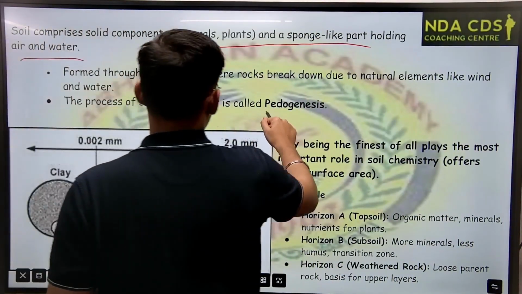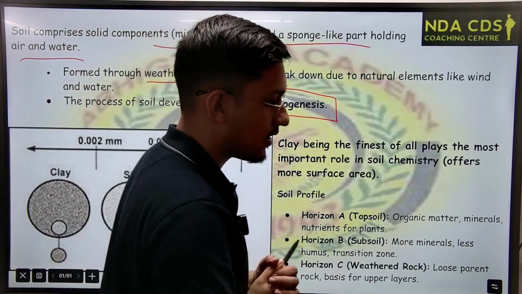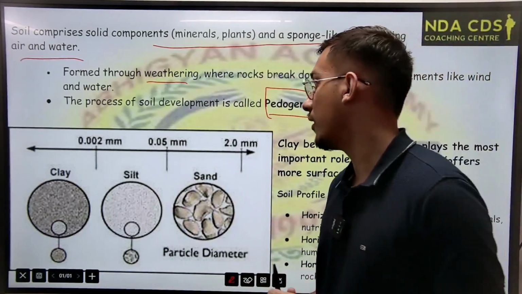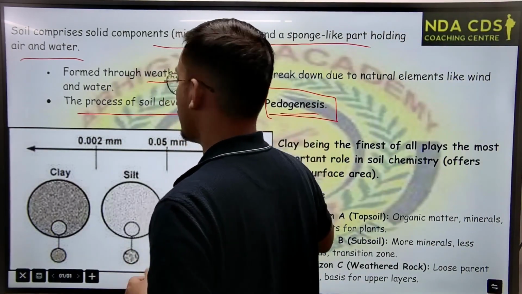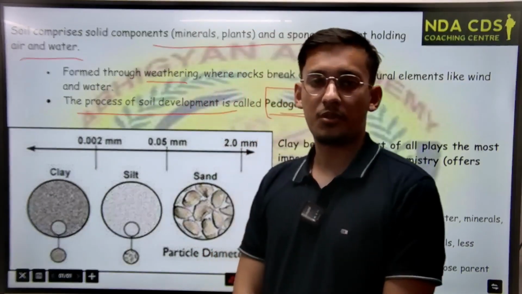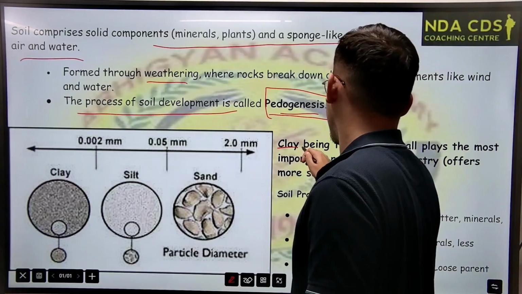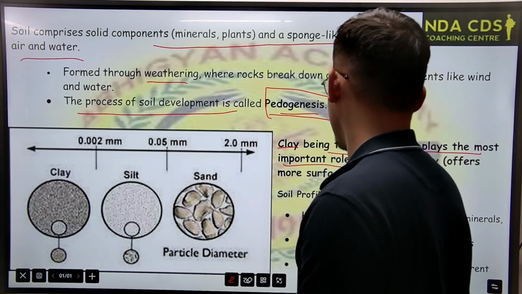Then we have pedogenesis. Pedogenesis is the formation or development of soil. The process of soil development is called pedogenesis. Then we have clay. Clay, being the finest of all, plays the most important role in soil chemistry.